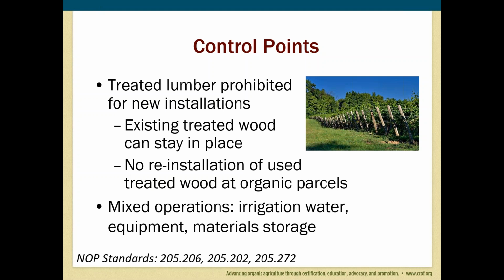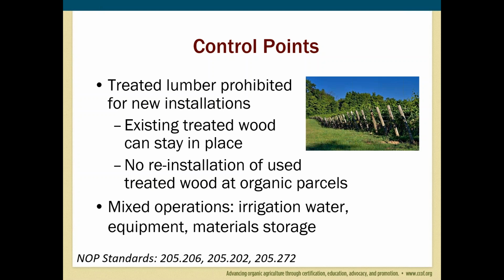Finally, mixed operations, which are those that have organic and non-organic production, have some additional control points they need to evaluate. And in all of these areas, they need to make sure to have preventative measures in place to ensure there's no contact between materials used for non-organic and their organic crops or fields.